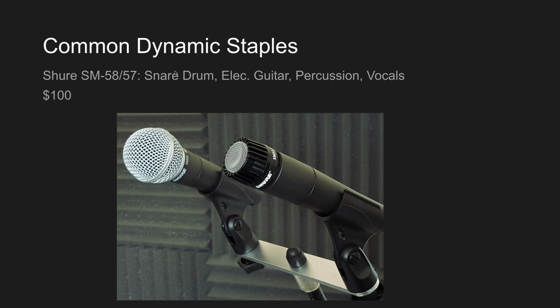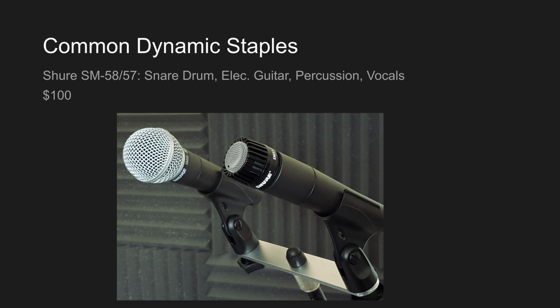But the common uses for a 57, vocals basically is what a 58 is made for. It's made for vocals. But you can use it on any of these other things, and it's going to sound pretty similar to the 57. There are people out there that will tell you they're the exact same capsule, except one's got a windscreen.